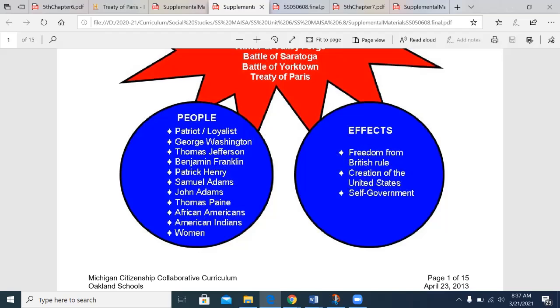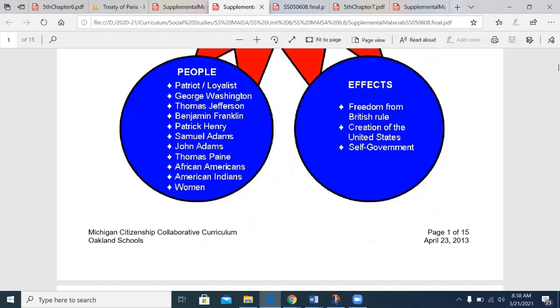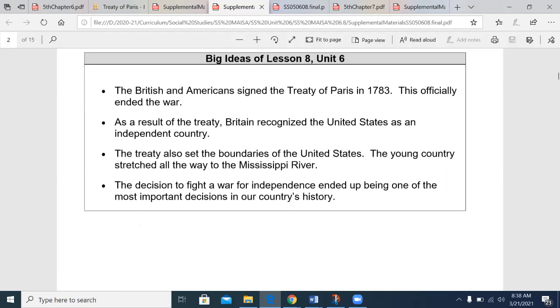We also talked about African Americans, American Indians, and women, and how they supported the war effort or how they were impacted by the war. The effects of all of this: freedom from British rule, creation of the United States, and self-government.